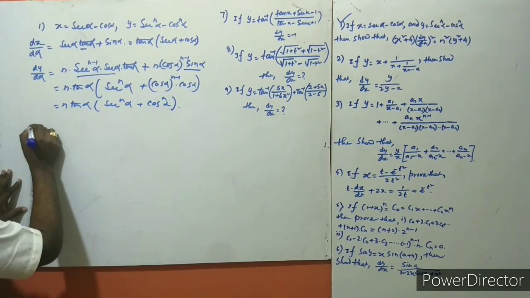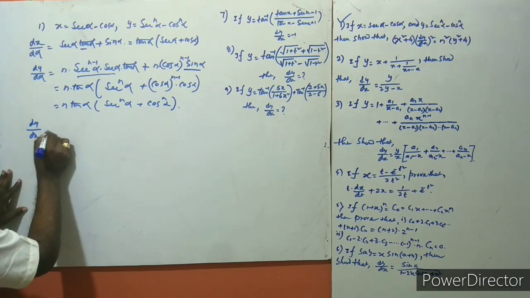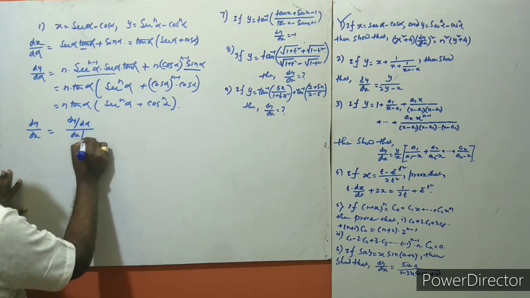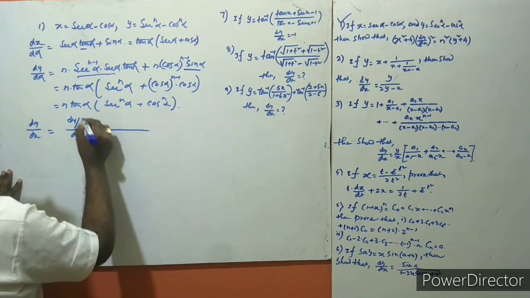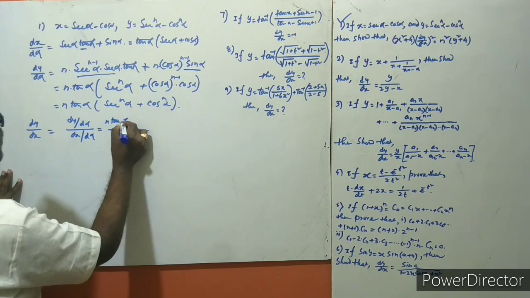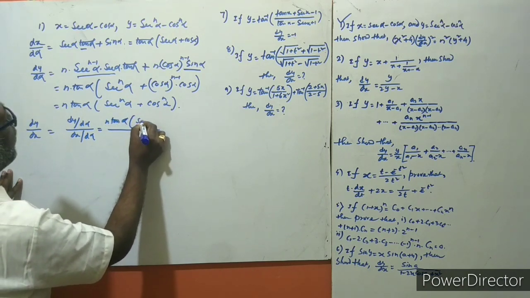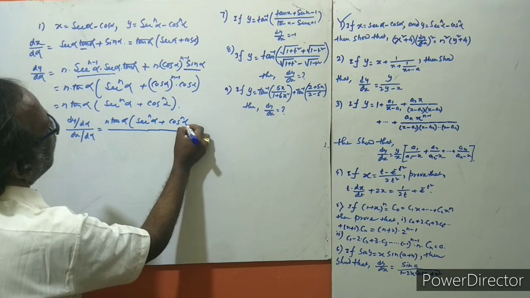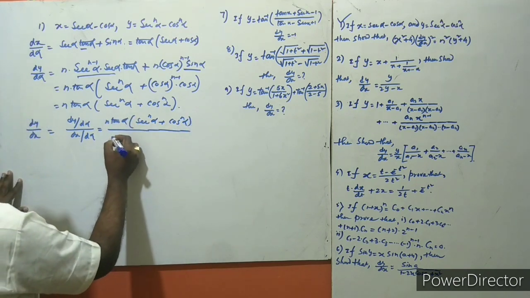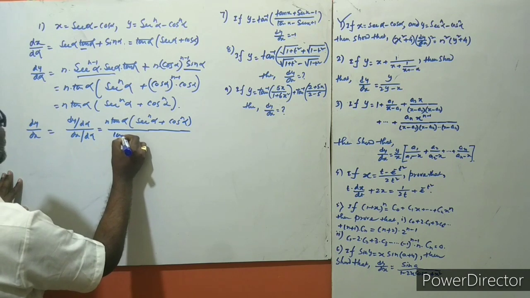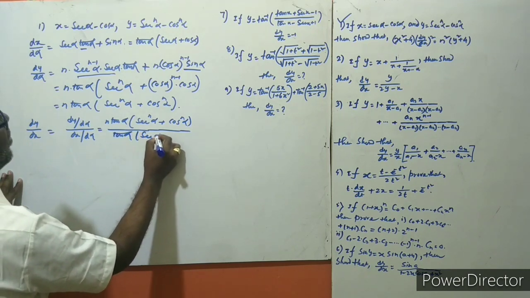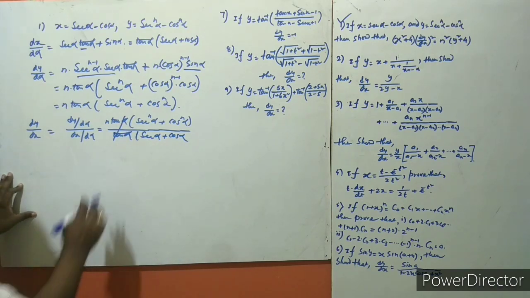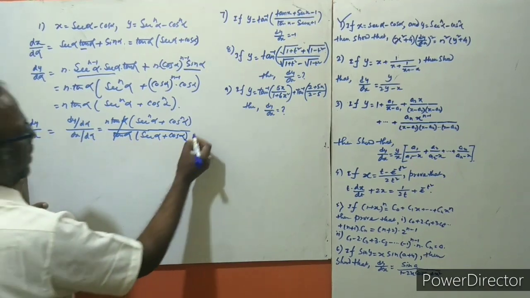Now find dy dx, that is dy d alpha by dx d alpha, that is n tan alpha plus, by tan alpha. These are cancelled.